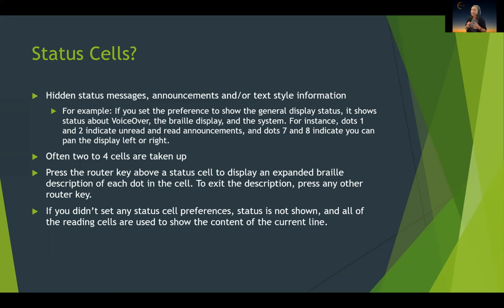But it does take up cells on your refreshable Braille display, anywhere from 2 to 4 cells. So do you want to choose a refreshable Braille display that only has 14 cells if you're going to use those status cells, or would you want to choose something that has more cells to be able to utilize them? You can always turn them off so that you can access the full line of refreshable Braille.